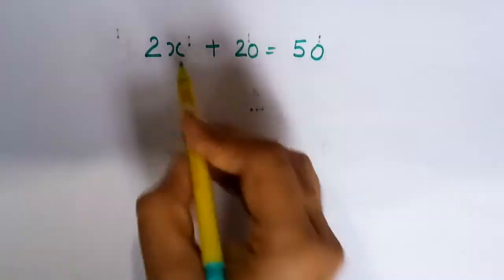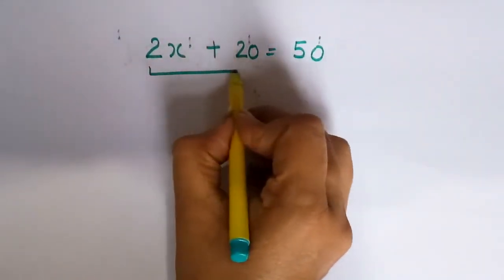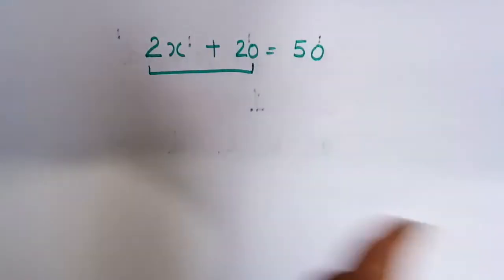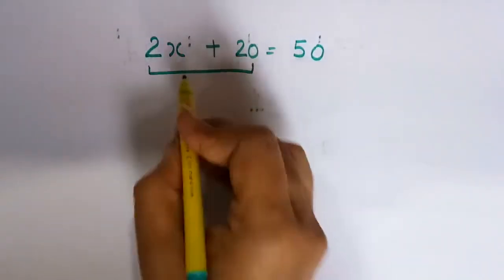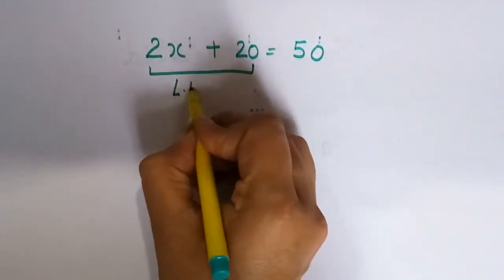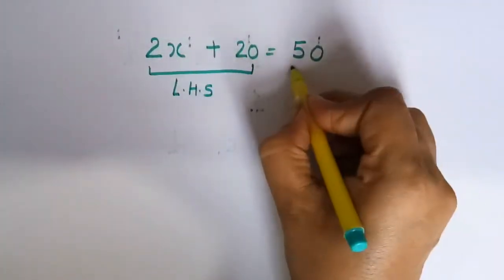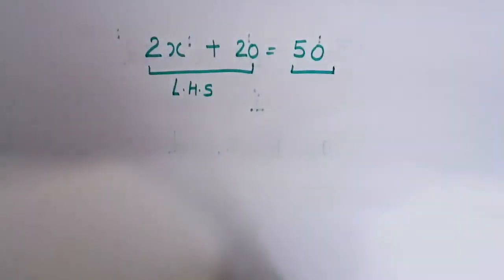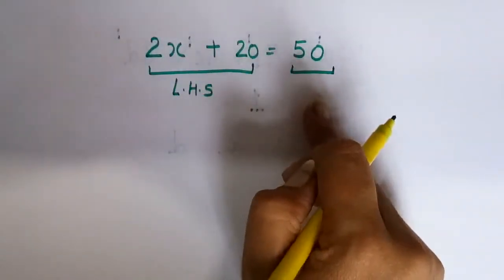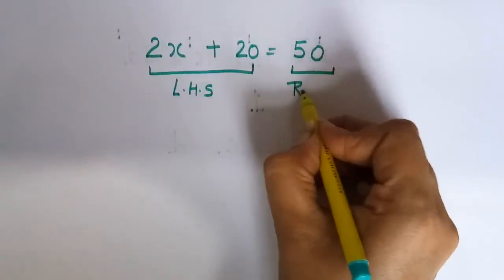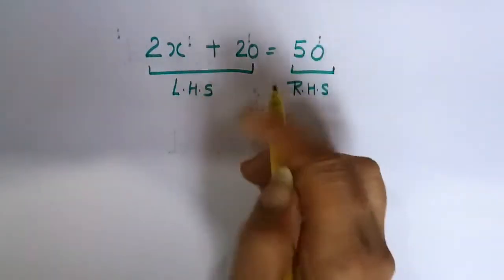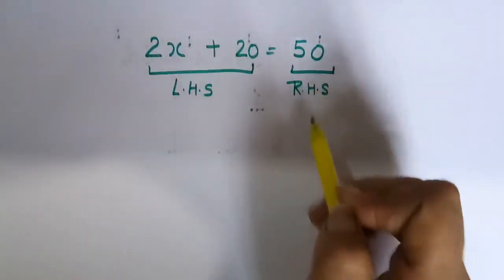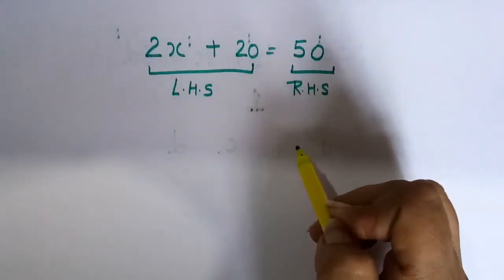Remember that the side which is this side of equality sign is known as LHS, and the side which is this side of equality sign is known as right hand side.